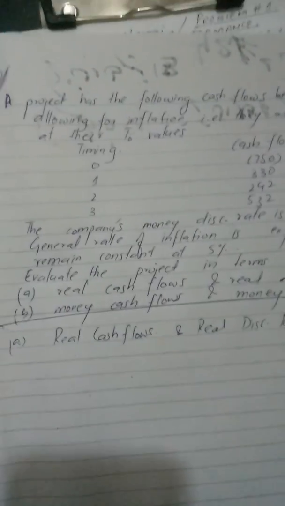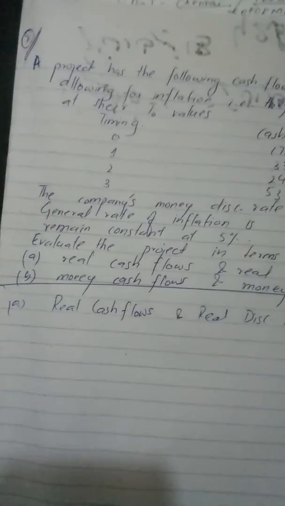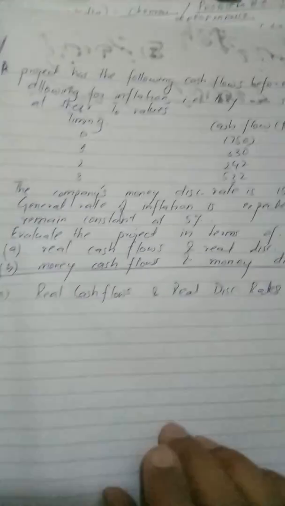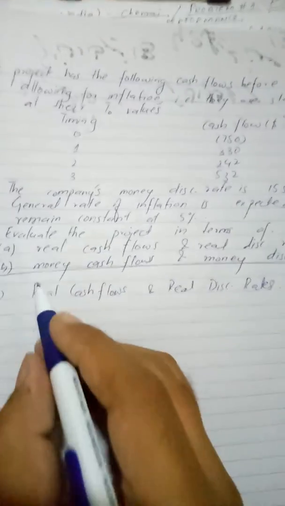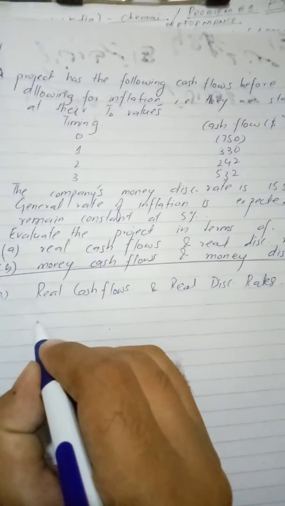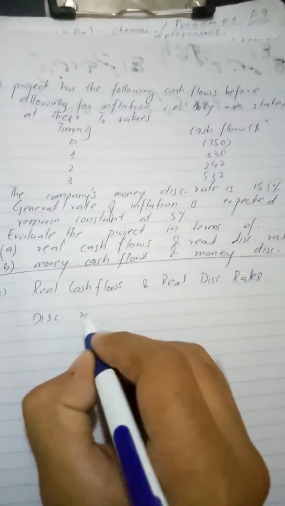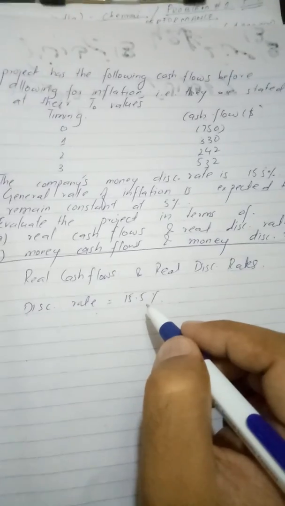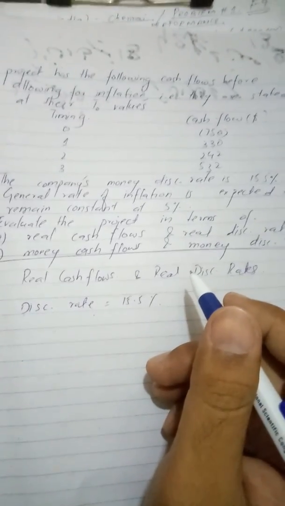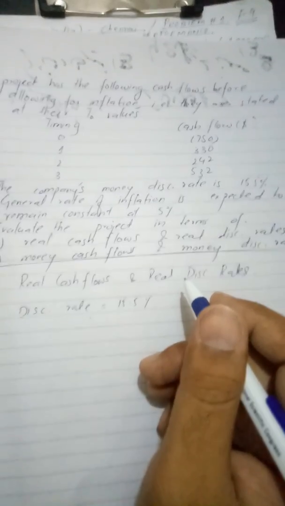Inflation expectation, when we account for the inflation, is 5%. Given inflation is 5%, the real discount rate is what, R, and its real discount rate R is given by, let's see how we're going to calculate it.